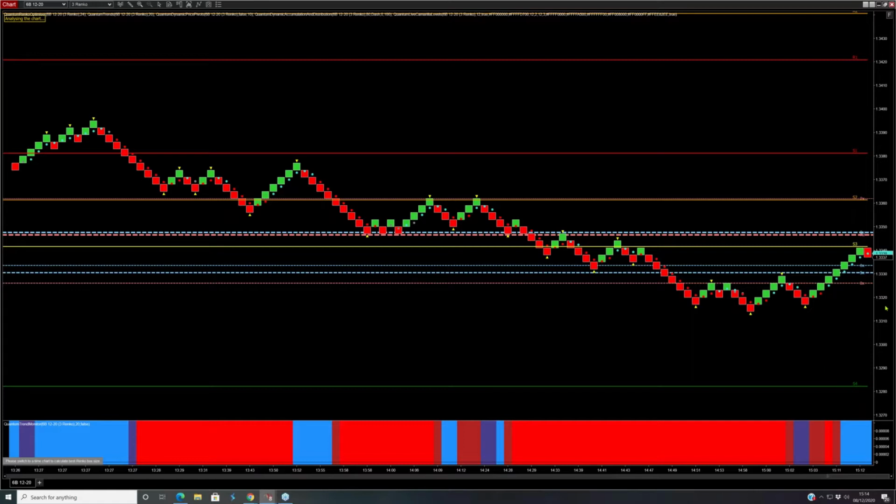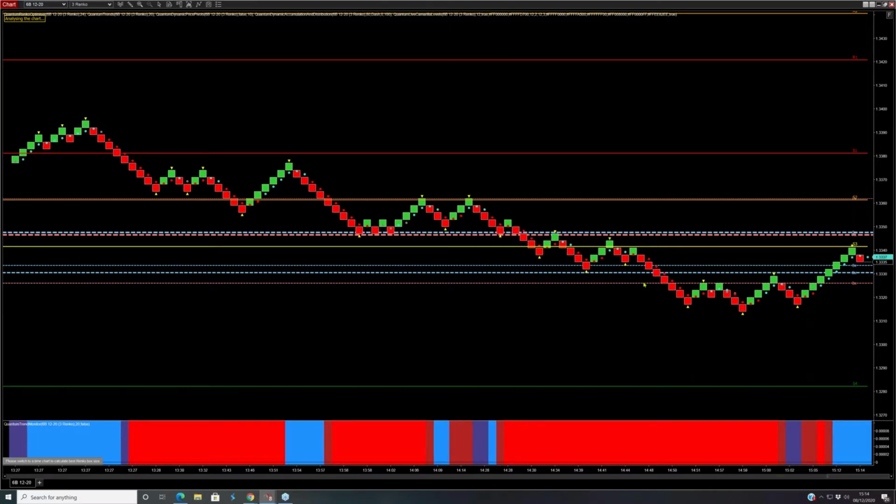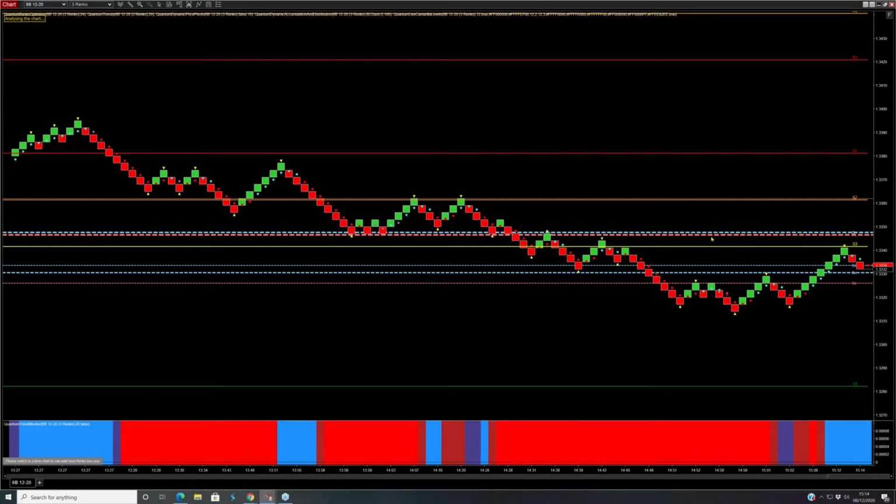But what I have on here, I have what we call our accumulation and distribution indicator from NinjaTrader. What you'll see here, you can see some of these lines, they're thicker, some of them are thinner, because the principle behind this indicator is that when a level is touched and it doesn't break through and perhaps is revisited, the line will get thicker.